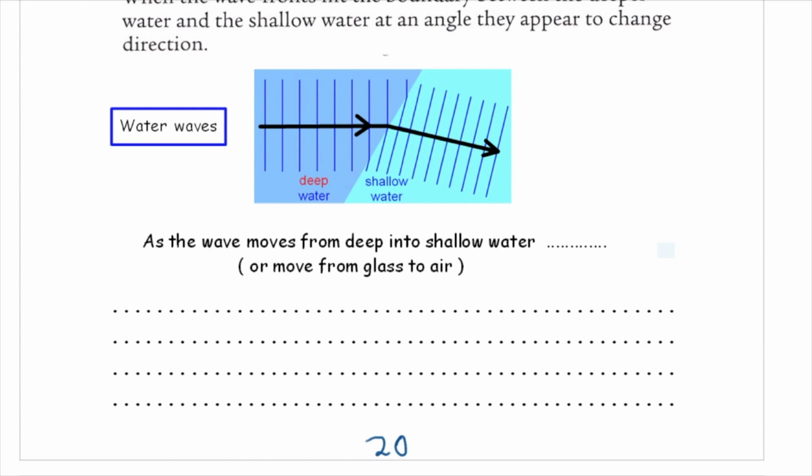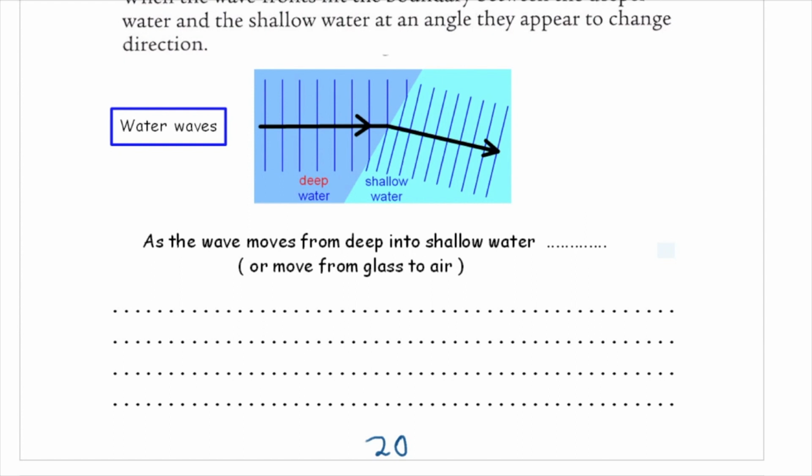So when the wave moves from the deep into shallow water, the waves slow down, and as the waves hit a boundary at an angle, the waves change direction. The wavelength of the waves also decreases.